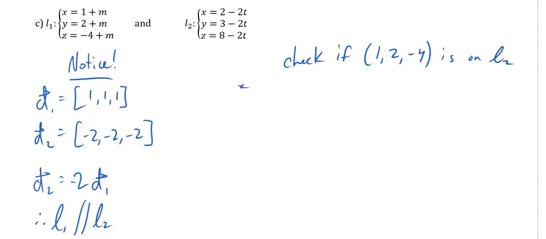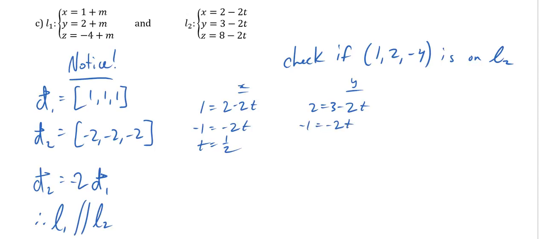So I'll check the x first. 1 equals 2 minus 2t. Negative 1 equals negative 2t. T equals a half. So far, so good.